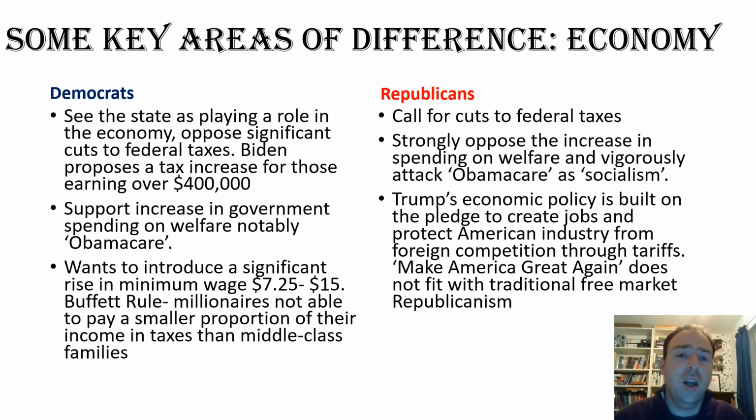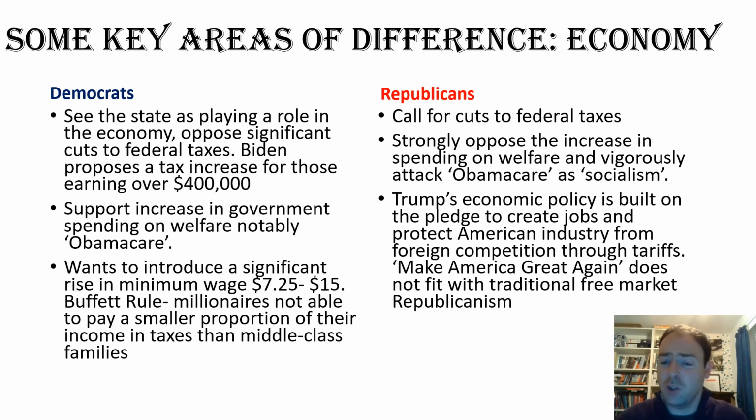Now, another area of difference is the economy. The Democrats see the federal government as playing a role in the economy. They oppose significant tax cuts, which are often promoted by the Republicans. The Republicans call for cuts in federal taxes and also cuts in federal spending. Biden, for example, has proposed a tax increase for those earning over $400,000.